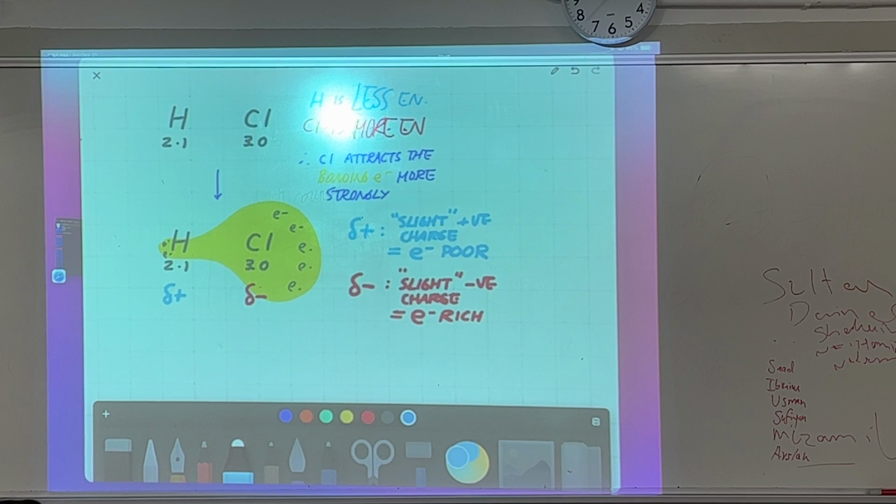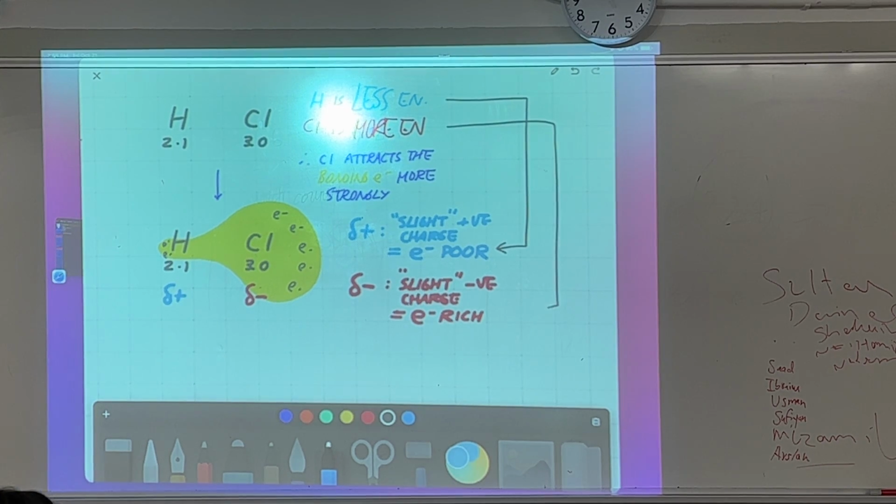The less electronegative atom will become electron poor because it attracts electron less strongly, right? If you attract electron less strongly, your electron will be pulled away by the stronger atom, so you will become electron poor. The more electronegative atom, because it attracts electron more strongly, electron will spend more time with this atom, and therefore it will make this atom electron rich.